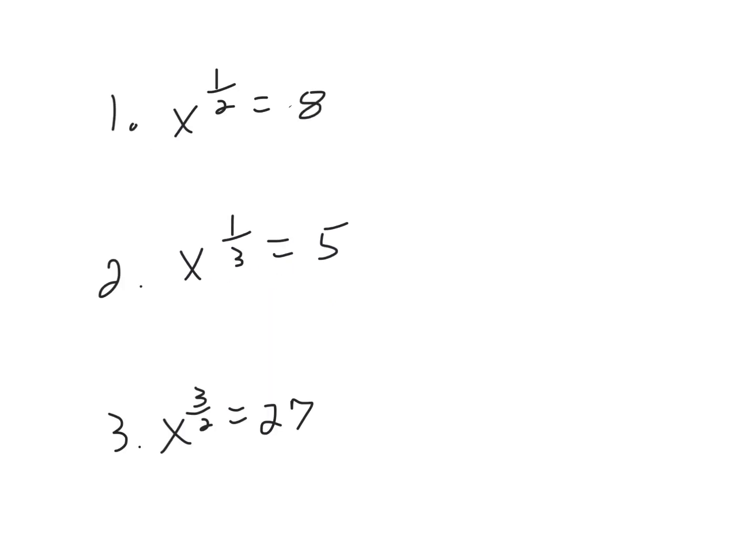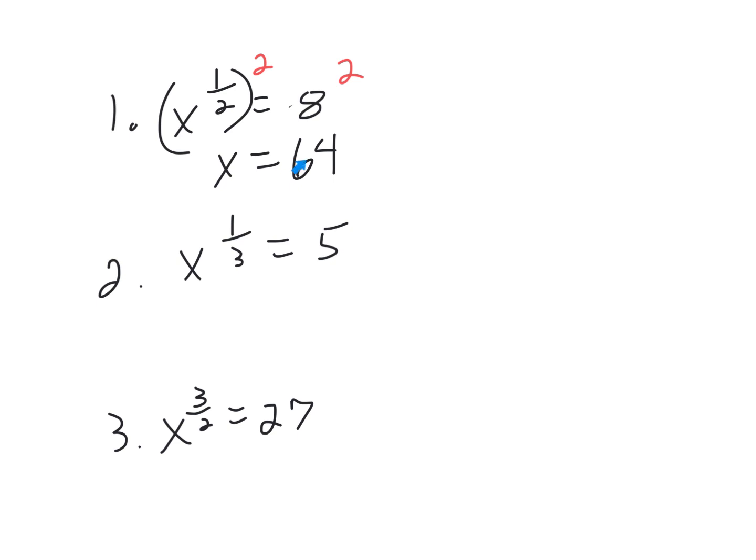So let's solve a few of these quick examples. If we have x to the 1/2 equals 8, again, this fractional exponent, we're going to raise it to the reciprocal power of 2/1, which is 2. So basically, we're just squaring both sides. This side is going to be x equals, and then 8 squared is 64, okay?